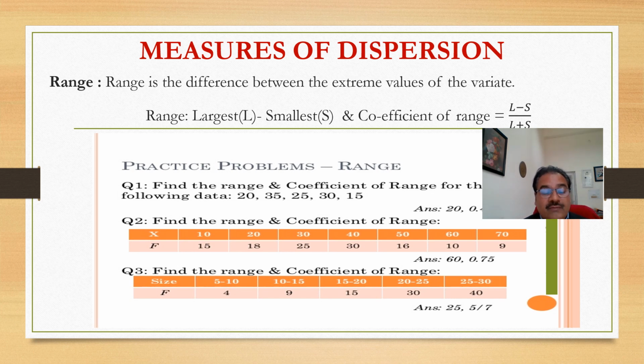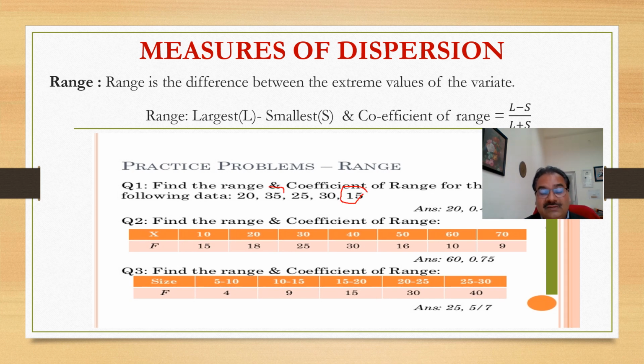Find the range and coefficient of range for the following data: 20, 35, 25, 30, and 15. The largest among all of these is 35, and the smallest is 15.